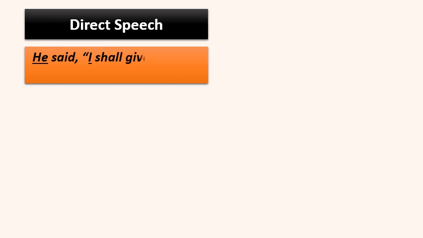Number 1, he said, "I shall give Ram my work." So according to rule number 1, the pronouns of the first person in the reported speech, as you can see I, it is a first person, are changed into the person of the subject of the reporting verb. So here in the reporting verb, what is the subject? He is the subject.